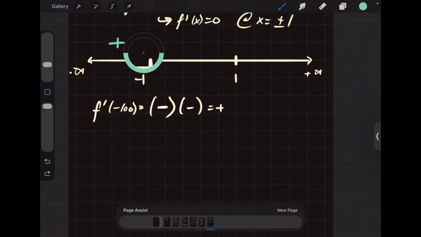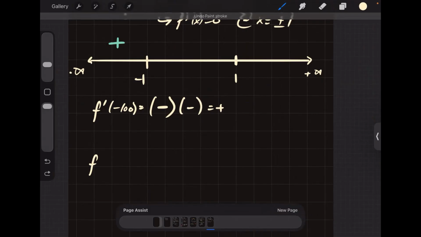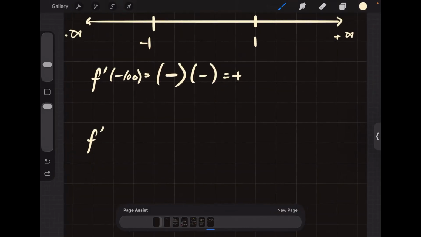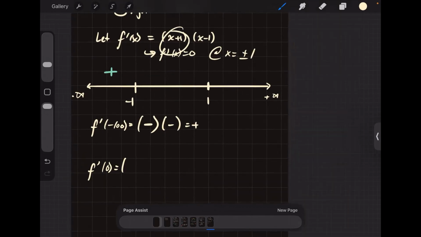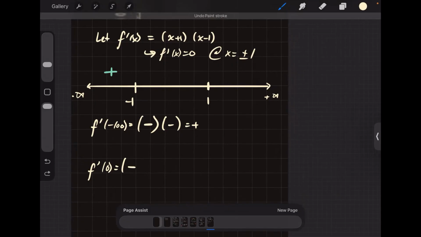In a similar way, let's call this section B. For section B, I'm going to choose a nice number. Don't choose negative a half or positive a half. Choose 0, if you can. So f prime of 0: 0 plus 1 is positive.